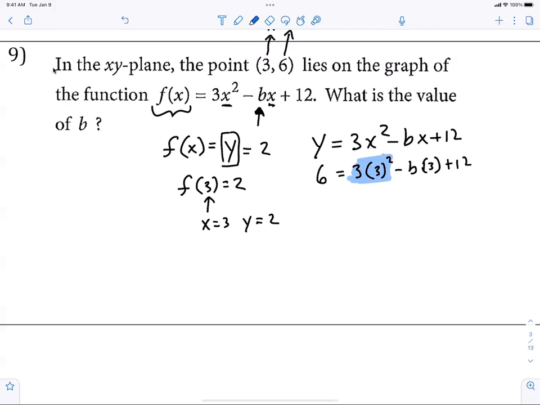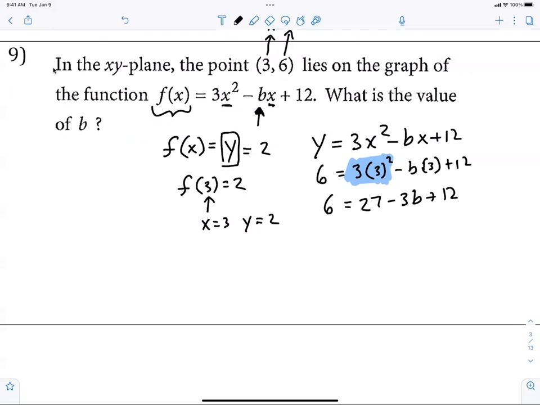What does that equal? 81. 27, right? Because you have to square before you multiply. You square before you multiply. 3 squared is what? 9 times 3. There you have it. So make sure you know that. So 6 equals 27 minus 3b plus 12.